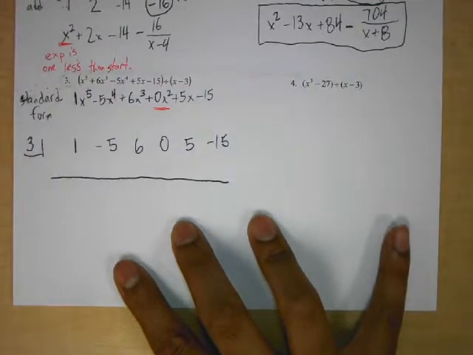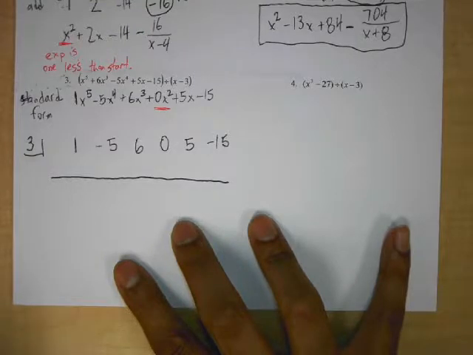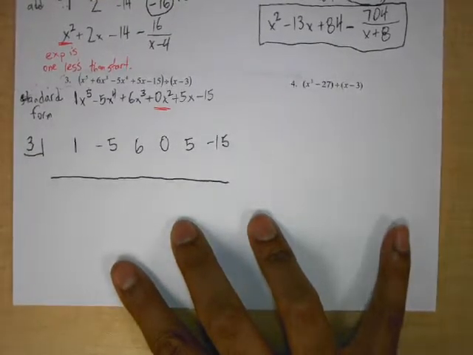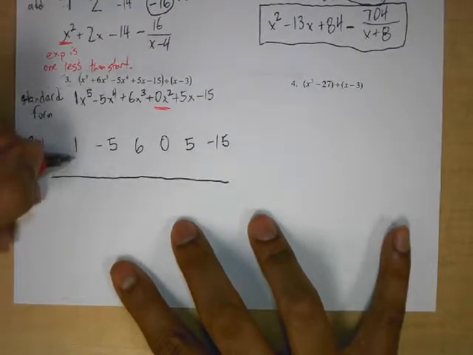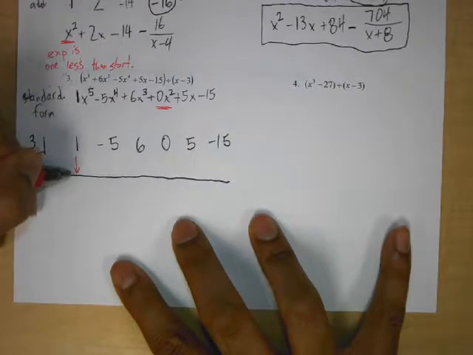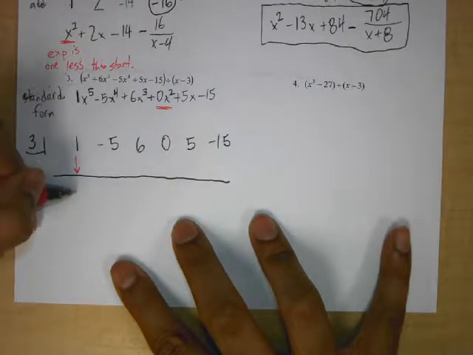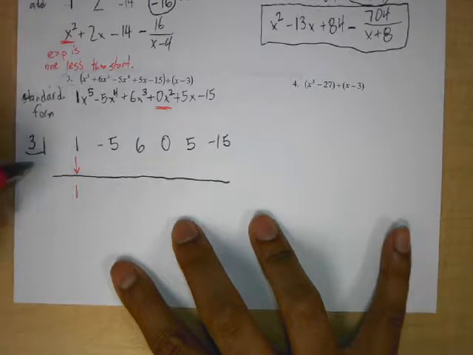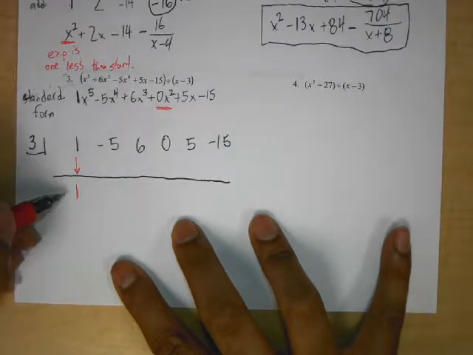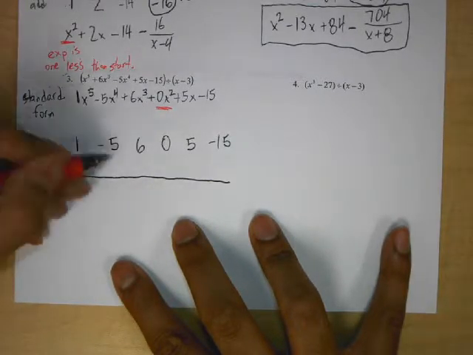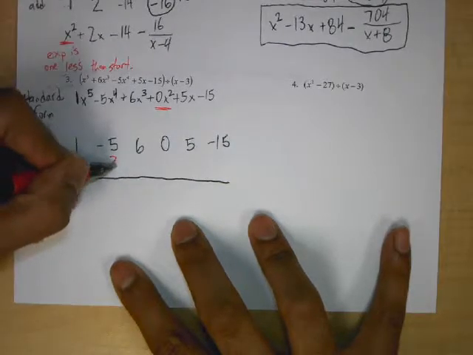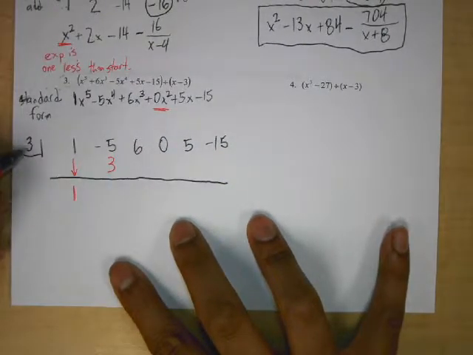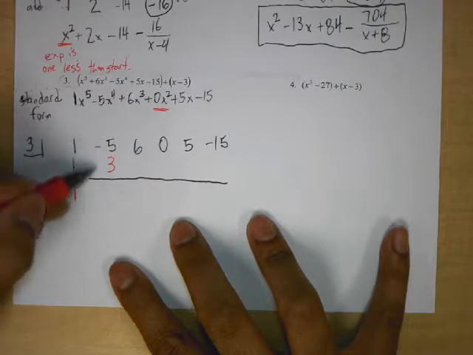Okay, so what does my first number do? Hopefully you remembered that the first number is just going to come down. So the first number comes down. I've got a 1 here. 3 times 1 will give me 3. Now we're going to add these two together.